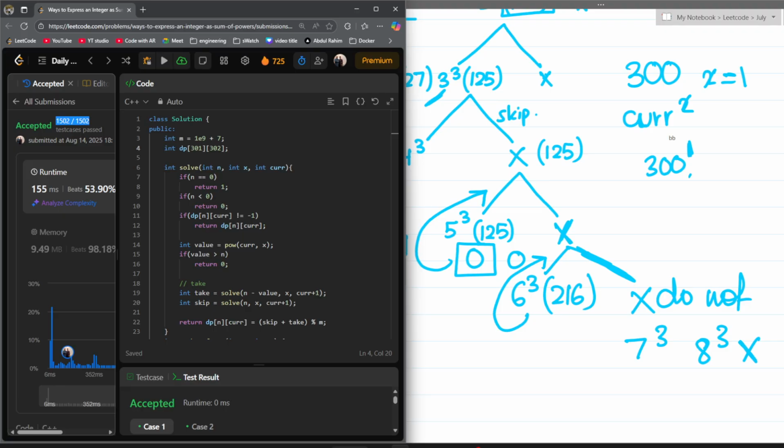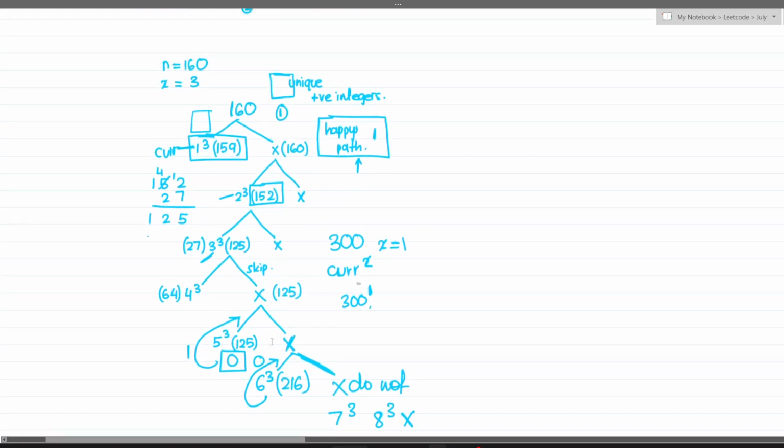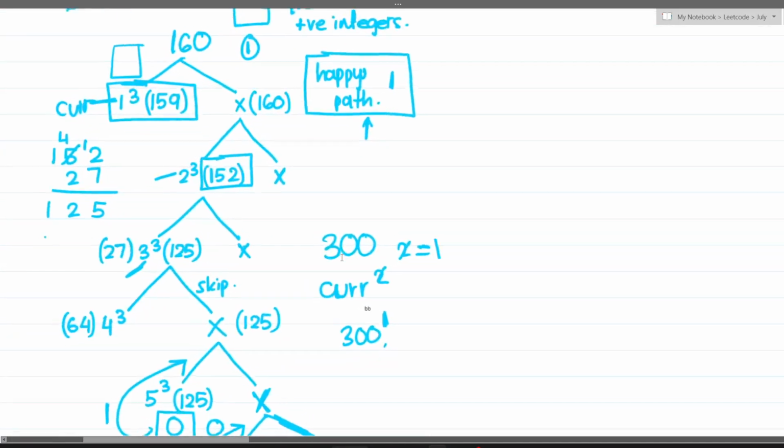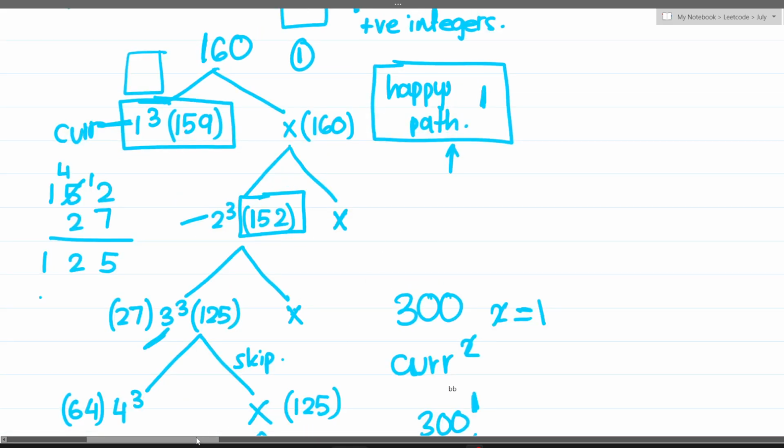And now if you think about the time and space complexity, let's see how much time we are taking and how much space we are taking. We observe that there are two decisions that we are making at each and every step. So if I hadn't memoized it, if I hadn't cached it, then the time complexity was O of 2 to the power n.